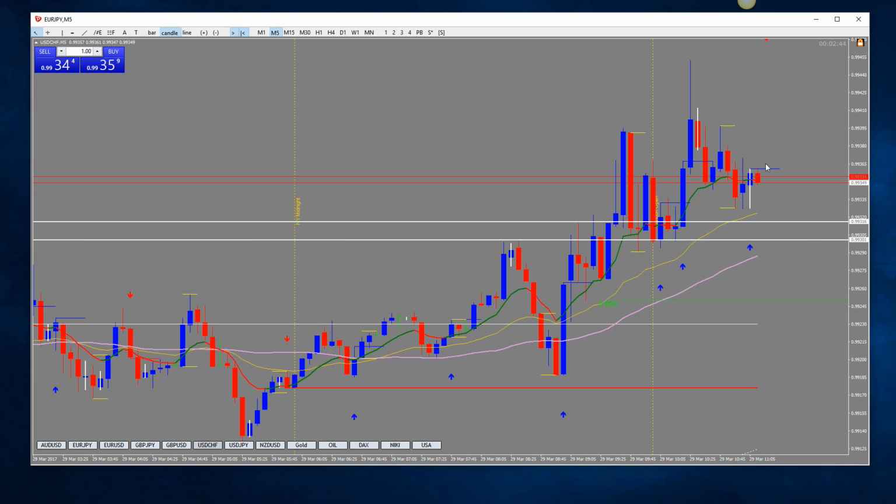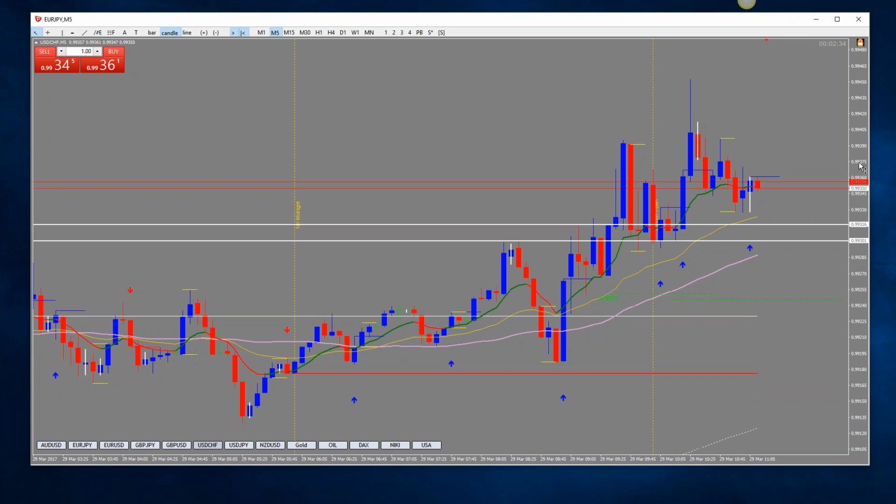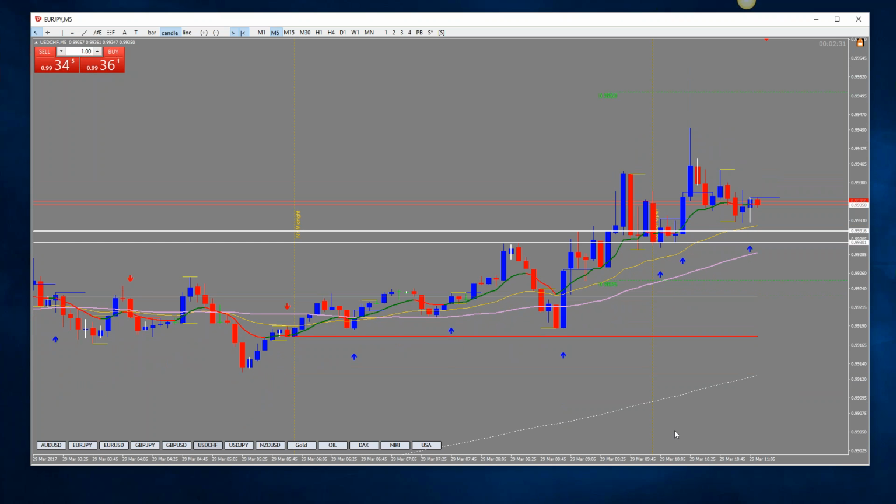That's also an inside bar, so it's a pretty solid trade. The 30 is pointing at 2 o'clock, the 50 is pointing at 2:30, 3 o'clock. My 200 is also pointing up, around 3:30, 4 o'clock, and they've all got upward slopes.